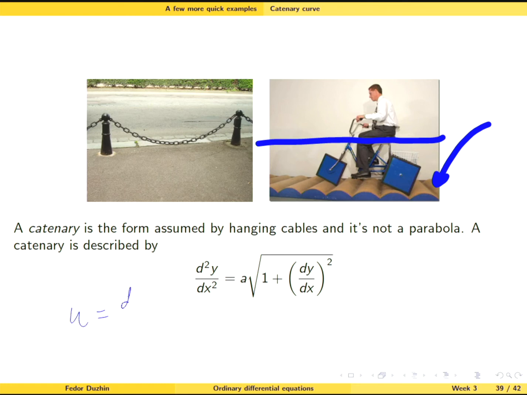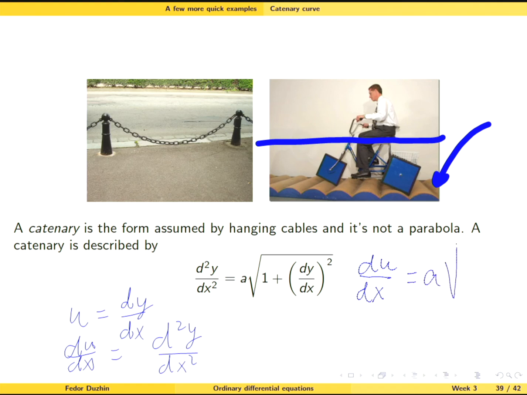If u is dy/dx, then du/dx is d²y/dx², and this equation becomes du/dx equals the square root of 1 plus u squared. This is also a separable differential equation, so we can try to solve it and find the shape of the catenary curve explicitly as a function of x.